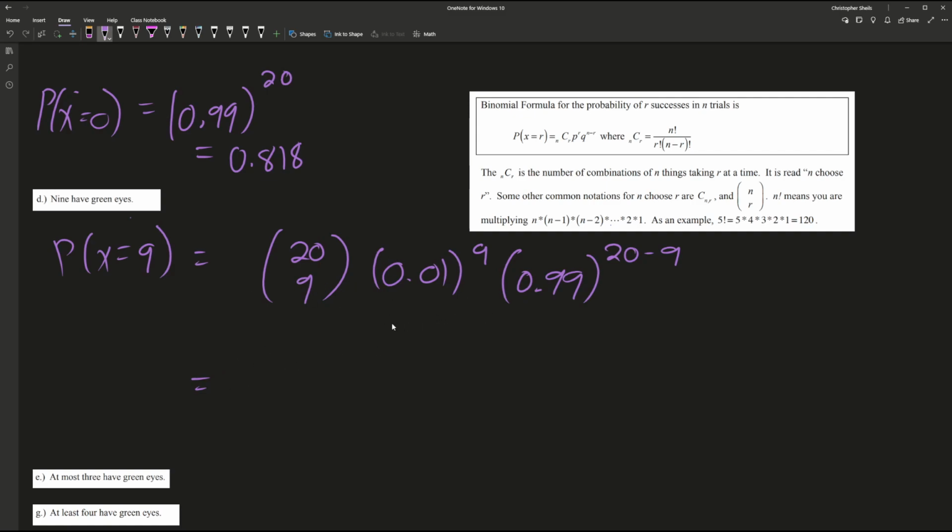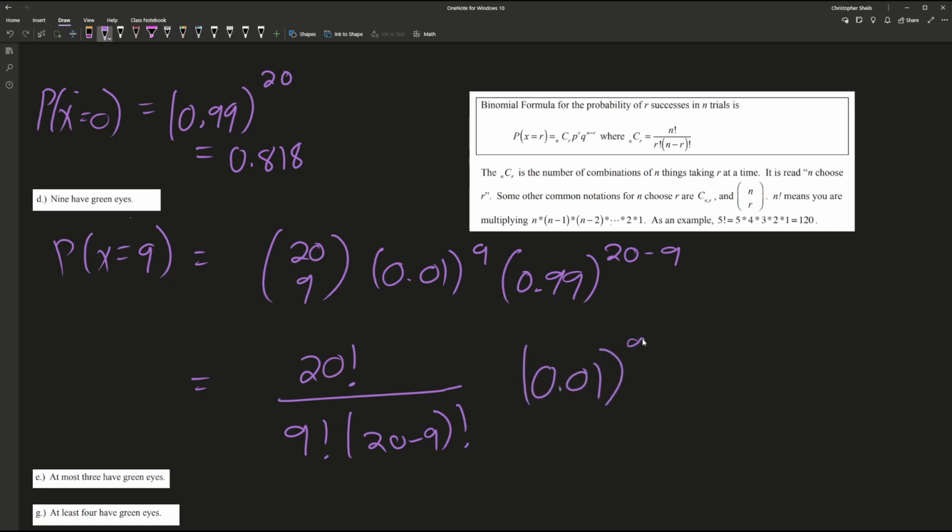So 20 choose 9 is going to be 20 factorial divided by 9 factorial times 20 minus 9 factorial, times 0.01 to the 9th times 0.99 to the 11th.